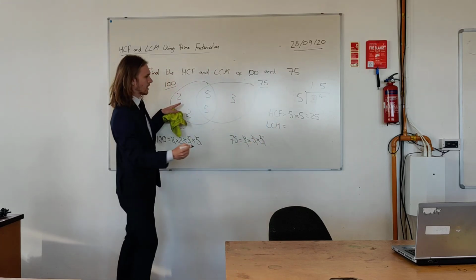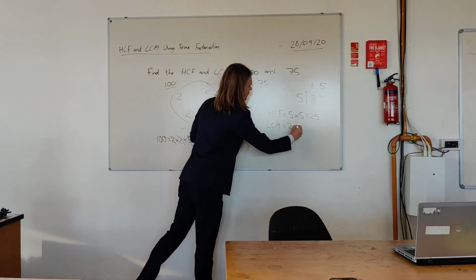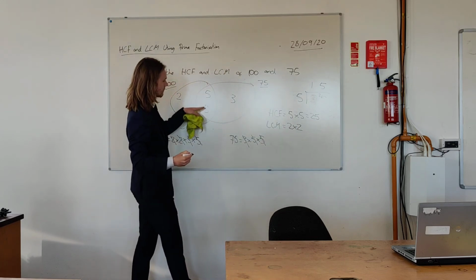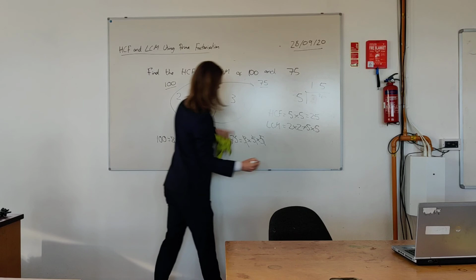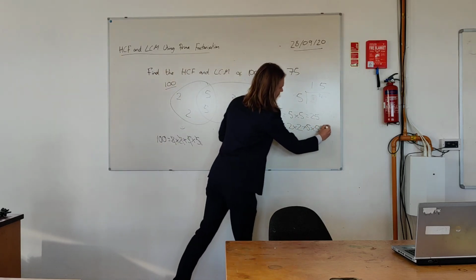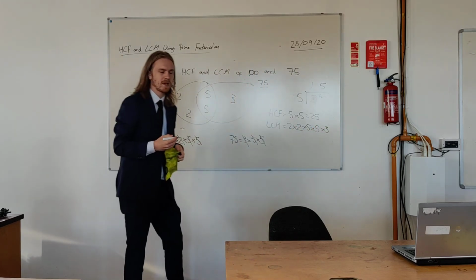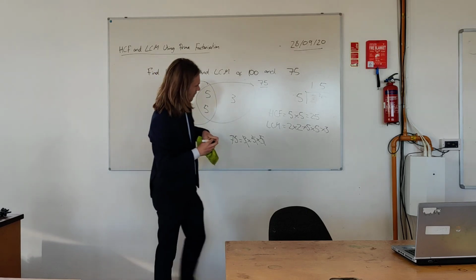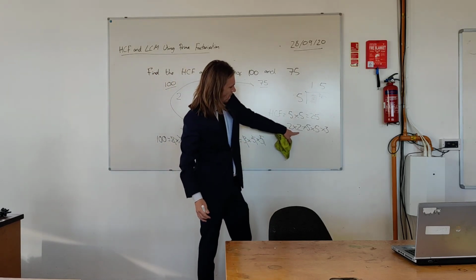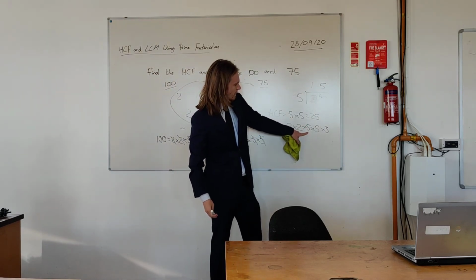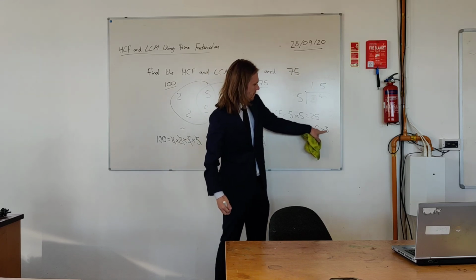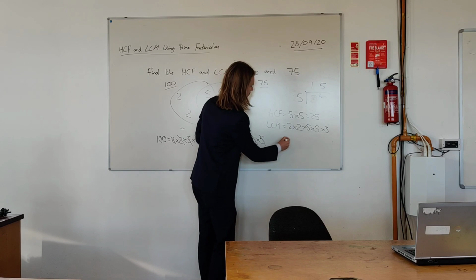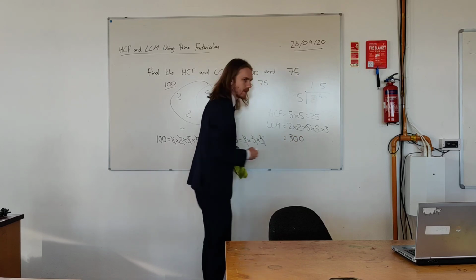So it's going to be 2 times 2 times 5 times 5 times 3. And again, you might use your calculator for this bit, but I think we can do this one. 2 times 2 is 4, times 5 is 20, times 5 is 100, times 3 is 300. So the lowest common multiple is 300.